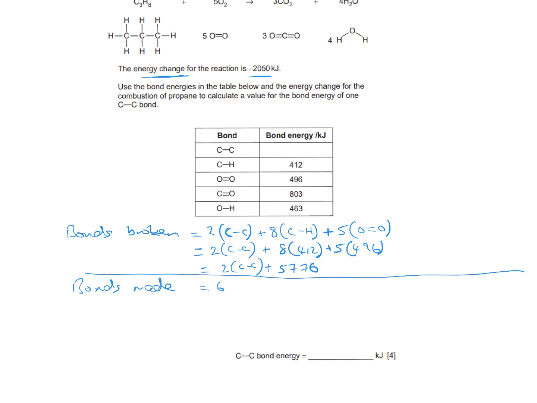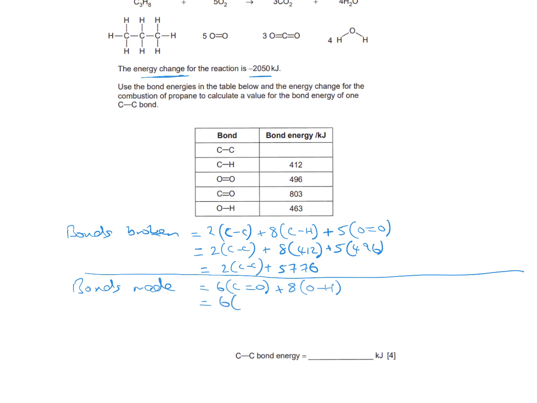So it's going to be 6 C double bond O plus OH. Now there are 2 OH bonds per molecule. So that's 2, and then we're going to multiply it by 4. That's going to be 8 OH bonds are made.